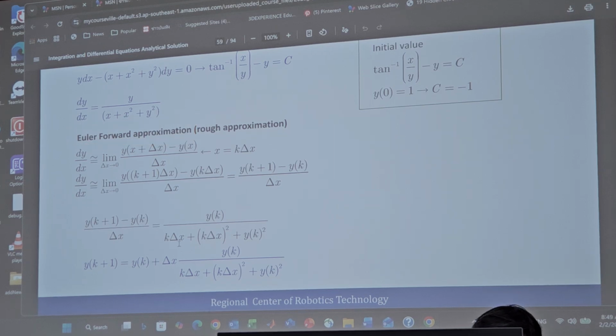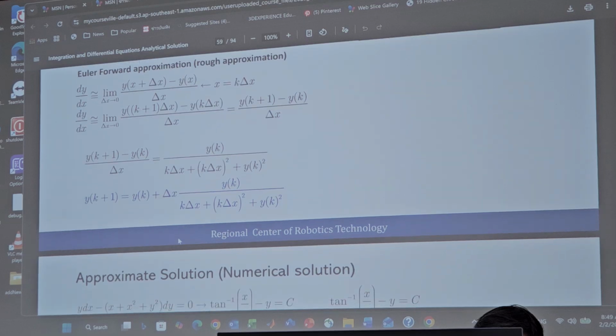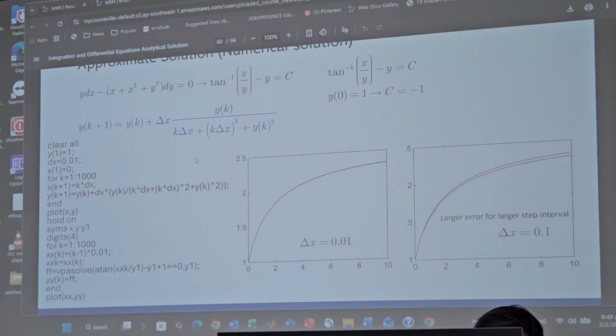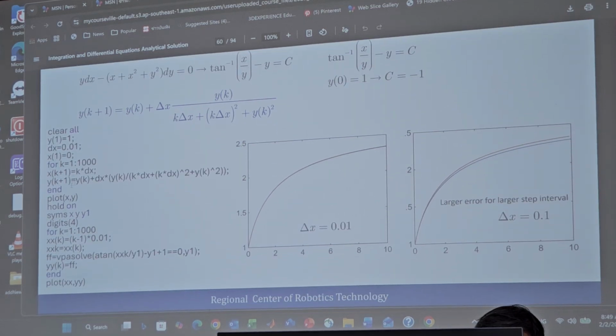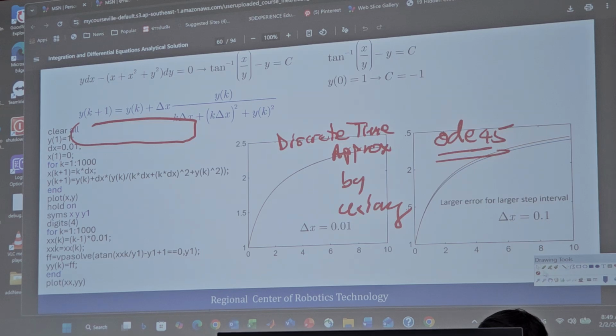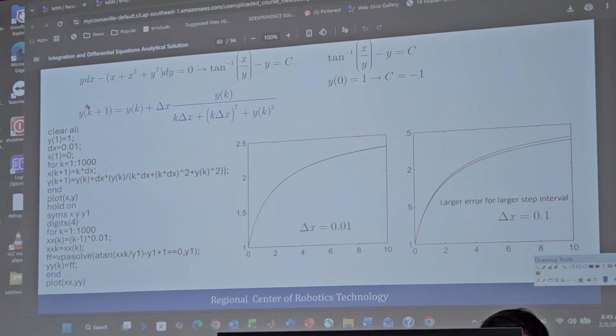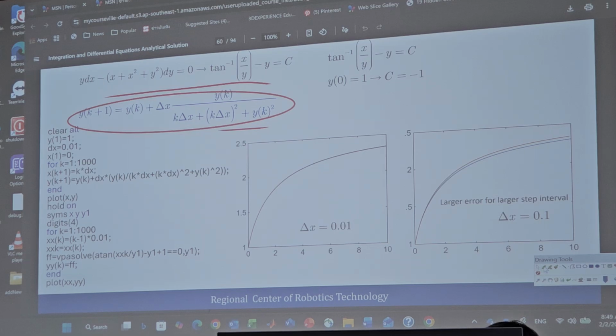So I also give you some example. You want to solve for this one. You see, this is a program. You need to write the program, because to solve this differential equation, you have to obtain this differential equation first, and after that, you just solve it. You have a graph here.